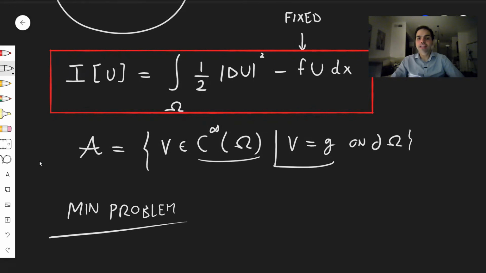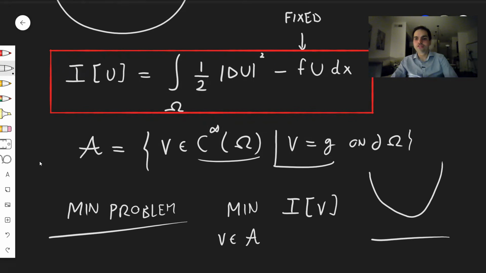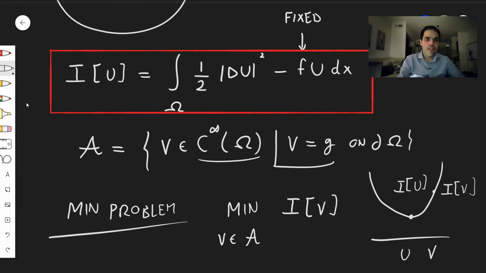So more compactly, the minimization problem is just written as the minimum over v in that admissible class of I of v. So again, among all the functions v, try to find, if it exists, the function u which minimizes this energy.